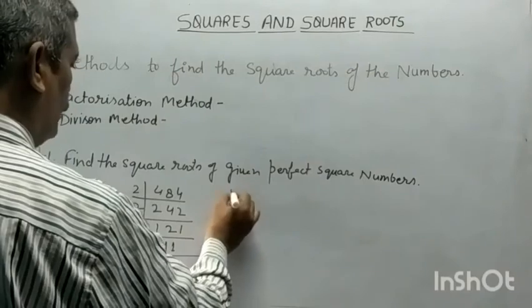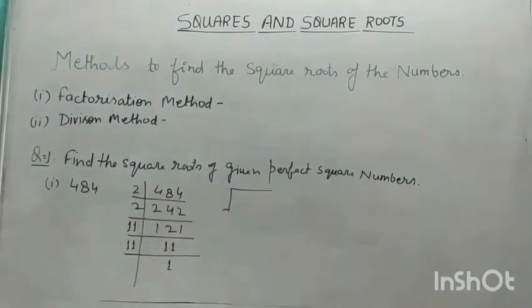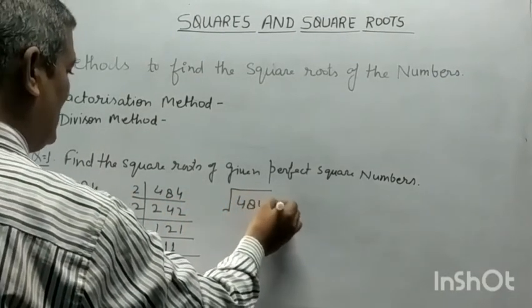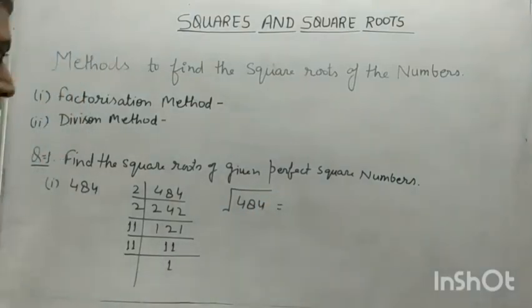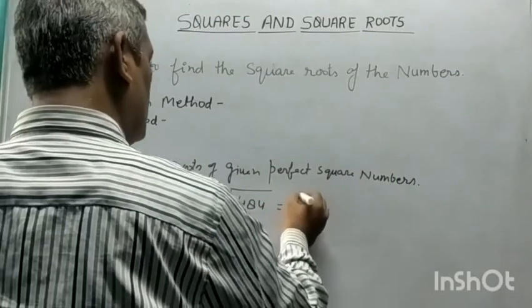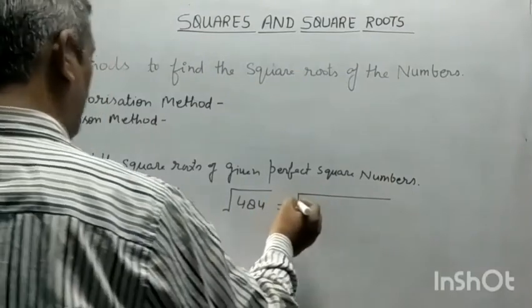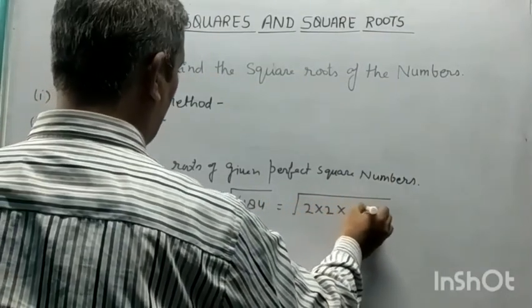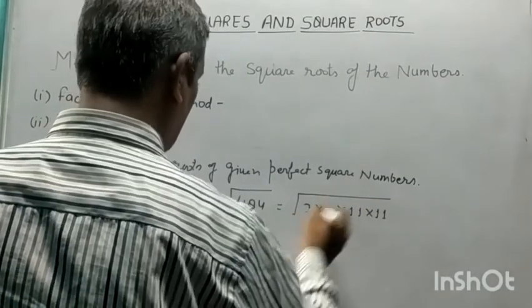This is the sign of square root. So the square root of 484 is equal to, we write the prime factors, 2 multiplied by 2 multiplied by 11 multiplied by 11.